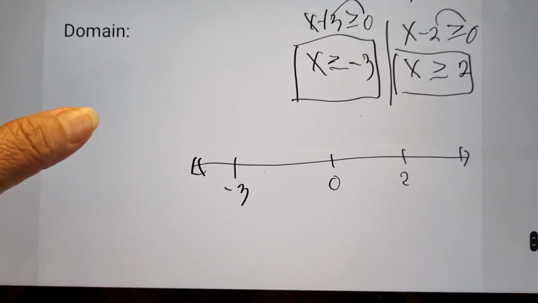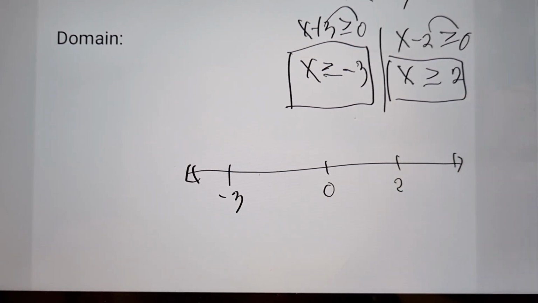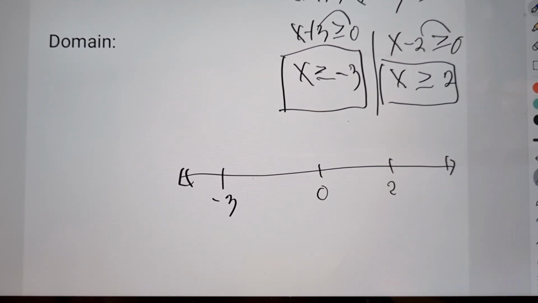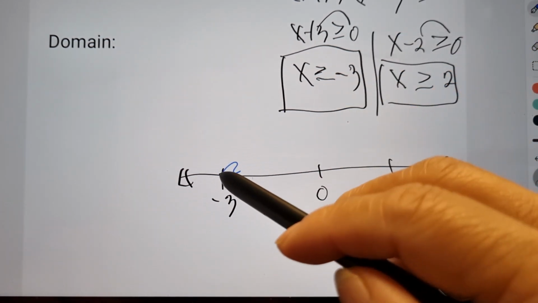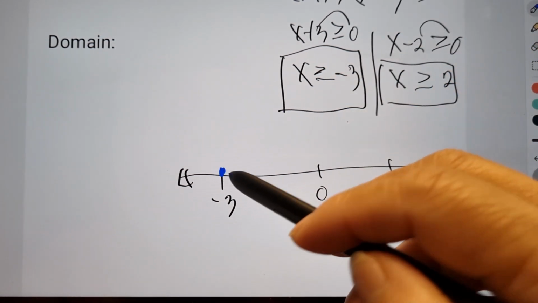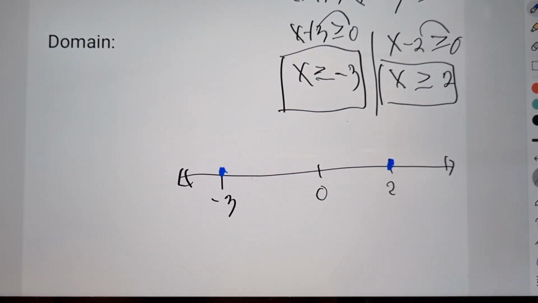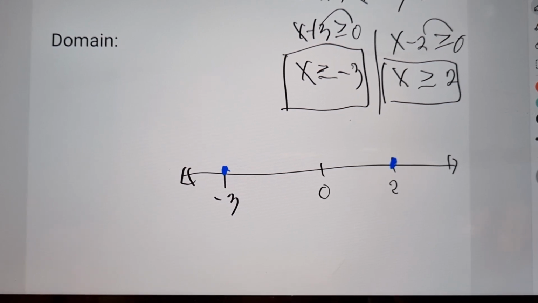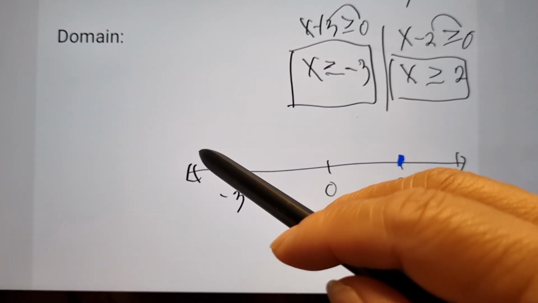So ngayon, ang gagawin natin ay magte-test tayo. Since dito ngayon, this is greater than or equal to negative 3, right? So ipa-plot natin muna, solid, kasi kasali siya. And positive 2. Now, ang gagawin natin, aalamin natin kung saan dito, mayroon tayong division ngayon.